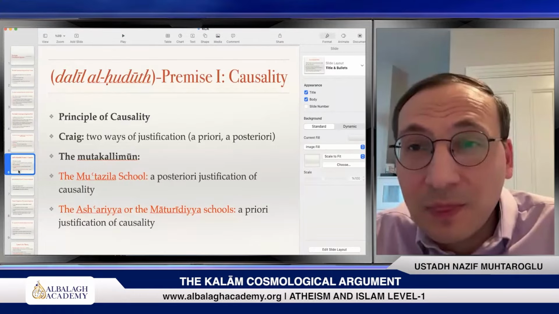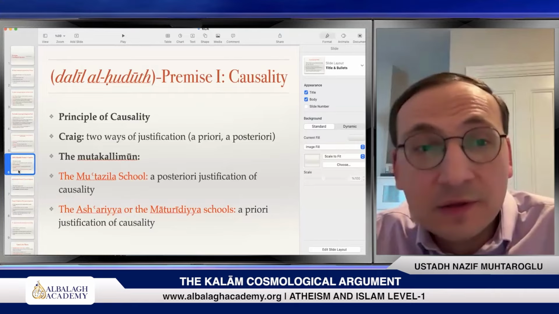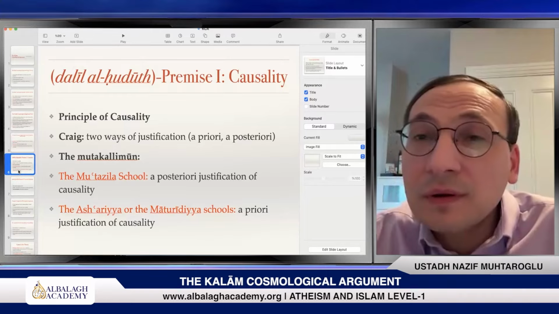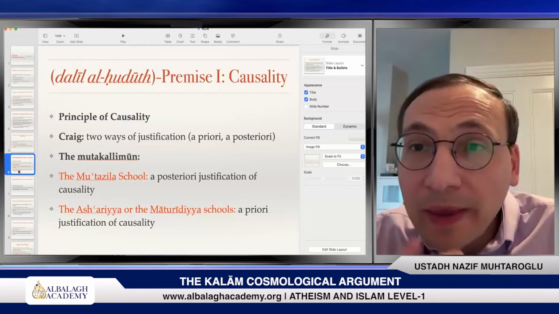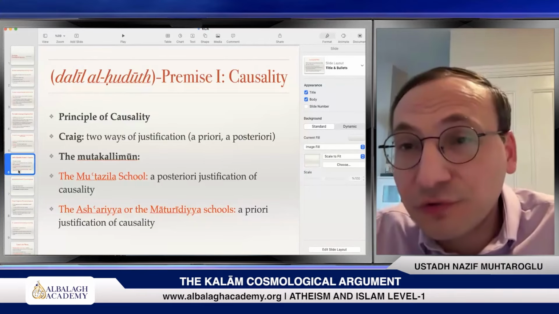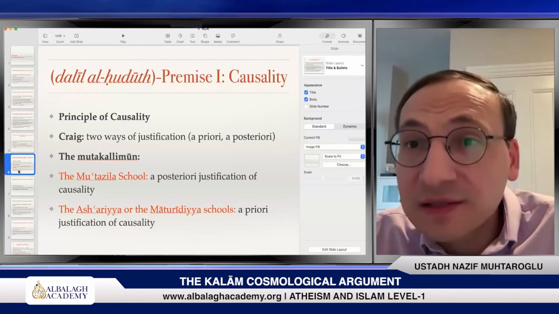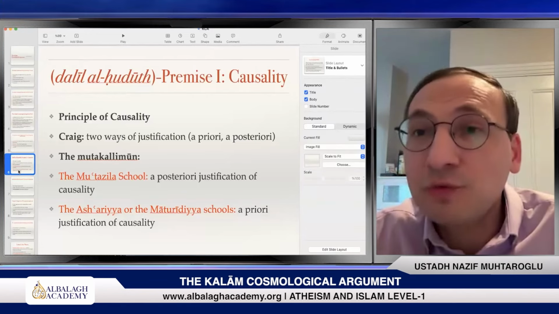On the contrary, the Mu'tazila appeal to an inductive justification of causality. The Mu'tazila in general think causality is something experienced, especially within human beings.